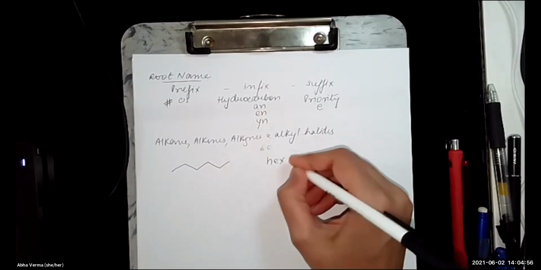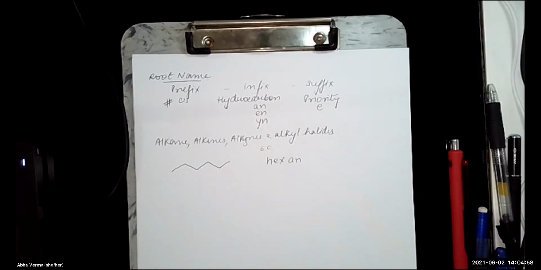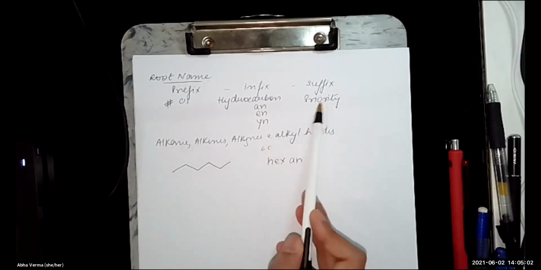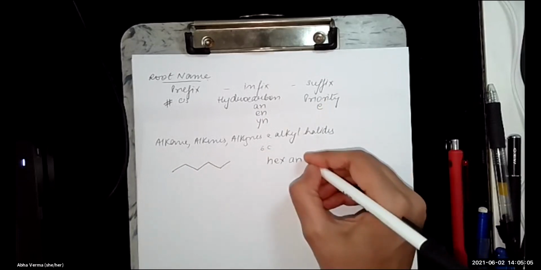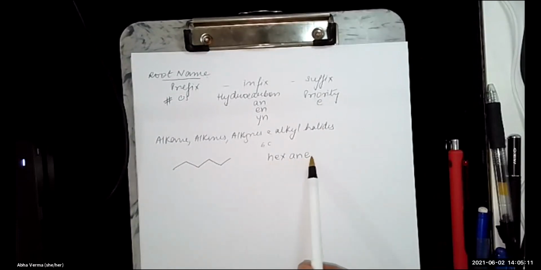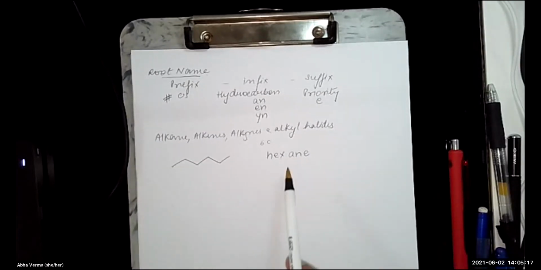So I will put my infix, ane. And since it is an alkane, my priority will end with the e. And there should be no space. I wrote them a little away, but you should not have any space between these letters. All the alphabets should be without any space.